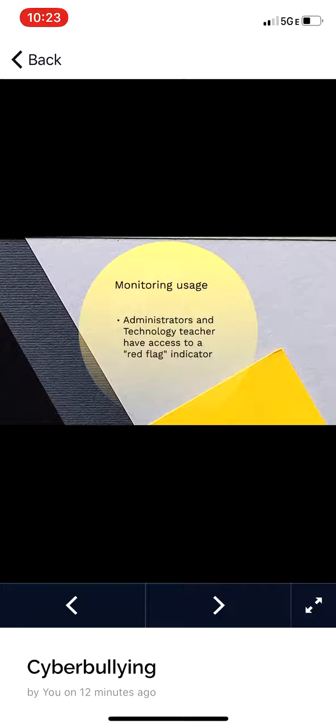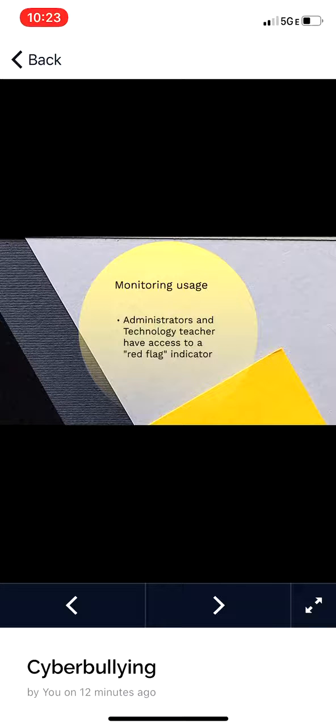We also have a tool in our district where administrators and the technology teachers are able to get a red flag when keywords or phrases or searches are put into the Chromebooks. So if a student gets a message from someone, it will pop up if there's an inappropriate word or a certain type of thing that would need to get the attention of an adult.